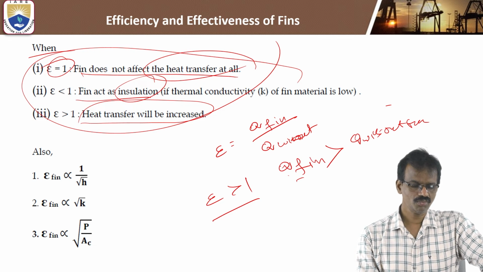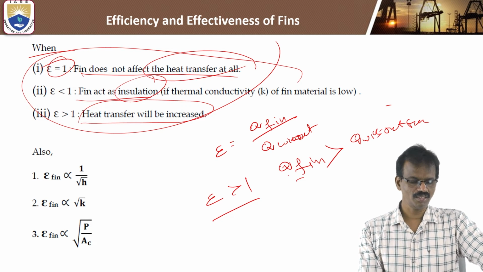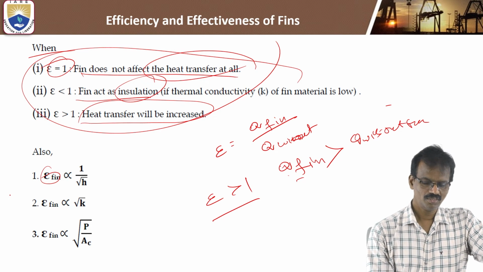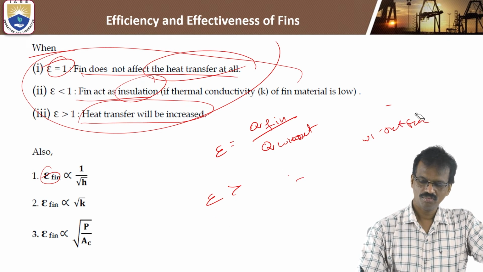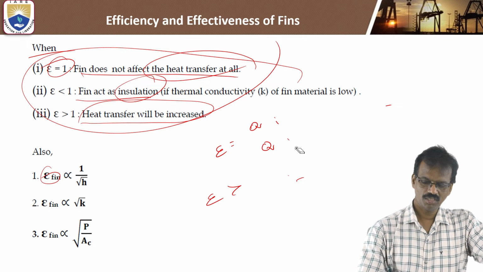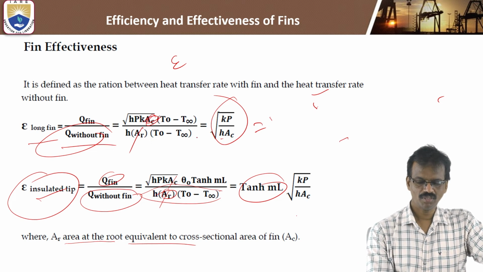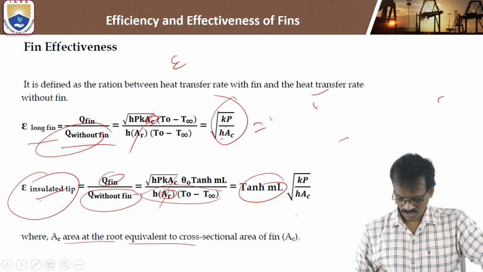Some relations are also given here, so you can identify them. The effectiveness of the fin is directly proportional to 1 by h. We already derived that. Here you can see effectiveness is equal to under root of kP by hA.